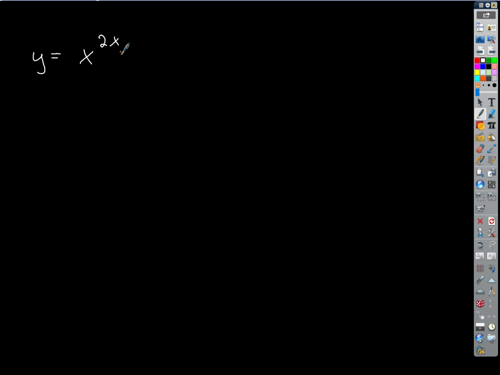Chain rule, okay. But at the outer level, what have I got? I've got something, but I don't have something. Our power rule doesn't allow for a variable in the exponent, does it? It only allows for a constant in the exponent. So we don't even have a rule to do this.